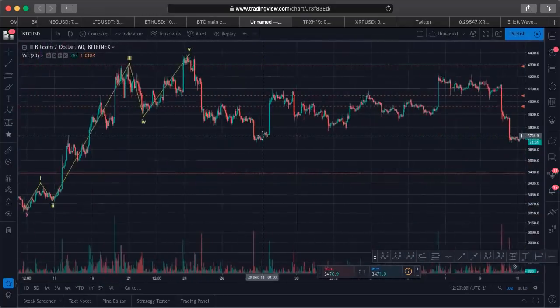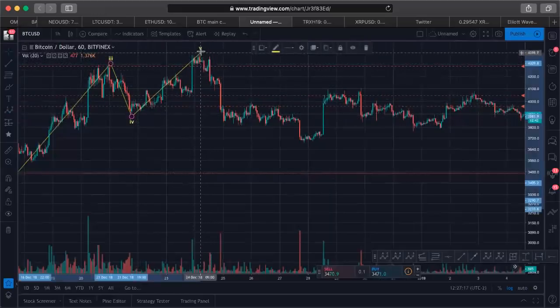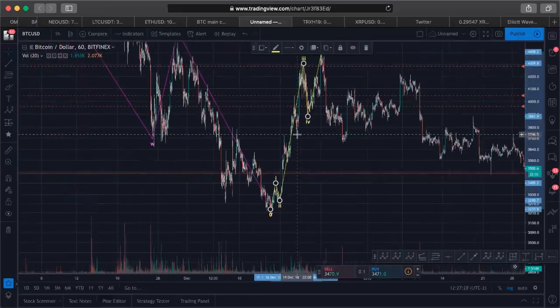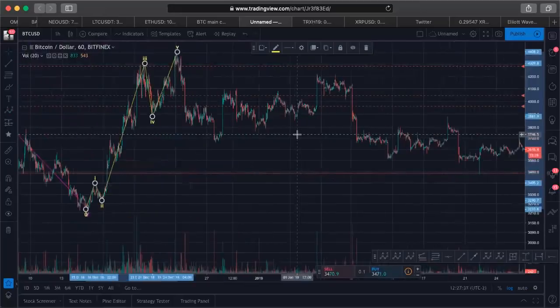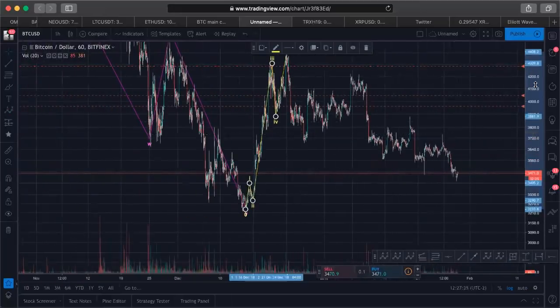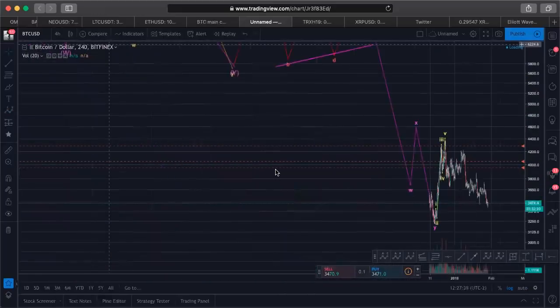Now, the reason why I think this is finished is because of this structure here, not quite finishing up 5 waves. 1, 2, 3, 4, it looks more like a B wave, a little triangle there. So that's not quite a 5th wave, but I'm just going to leave that labeled as an X wave.